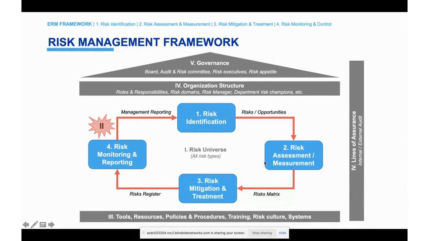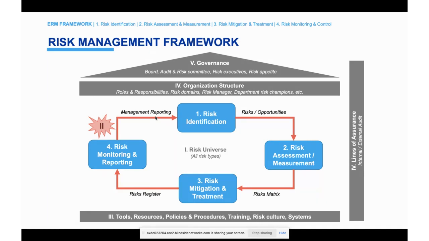Next, you will assess the amount of each type of risk. Then you will have a plan to mitigate and treat each type of risk. After all, you will need to monitor and report the risks, to keep managing the actual situation and identify risks constantly.